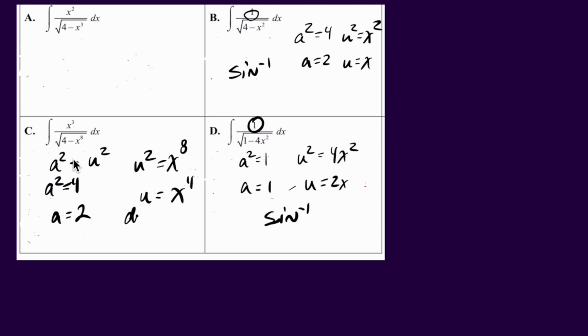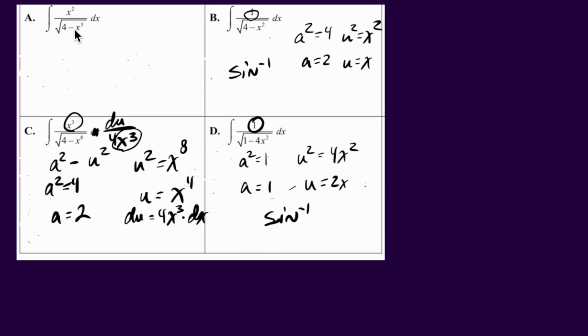So then if we took du, we would have 4x cubed dx, and if we solve for dx here, we would have du over 4x cubed, and lo and behold, those x cubed would cancel out, and we'd bring the 1/4 out front, and we would use inverse sine.